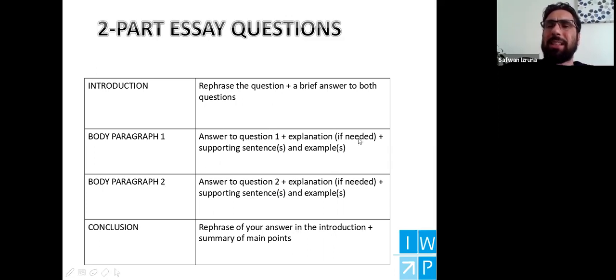So we don't want to mix a number of ideas into one body paragraph. That's not going to be, you know, what we call coherent, okay, easy to understand. So we separate our ideas. So we're going to present one answer to one question with an explanation, supporting sentences and examples, and we're going to do the same for the second question.